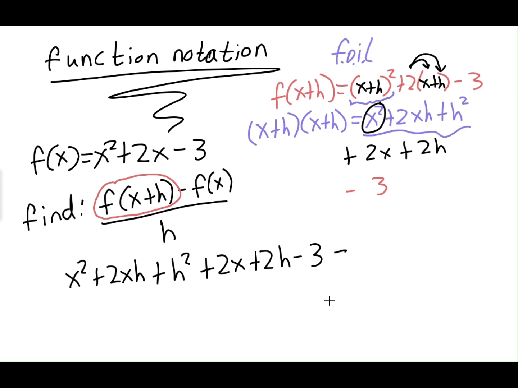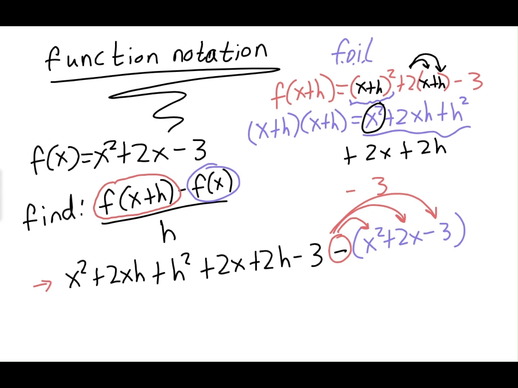Then we subtract f of x, right? This whole thing right here is just f of x plus h. So we'll subtract f of x, which is x squared plus 2x minus 3. Be very, very careful about this minus sign. People mess that up, because we have to distribute that minus to each part, so you want to be careful that you put those parentheses there.